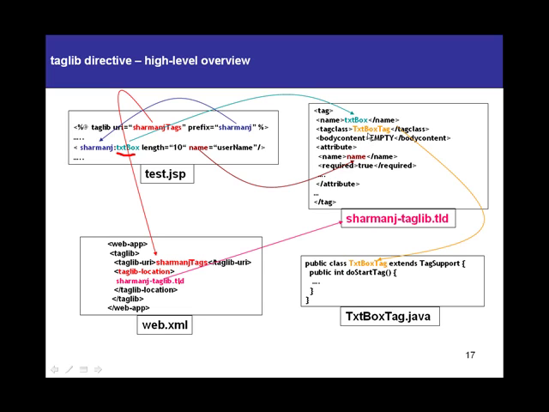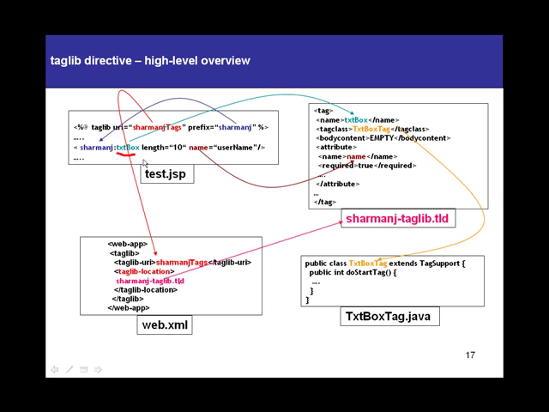Okay, and it sees that the tag class is text box tag, and it's going to find that text box tag and basically call the methods present in the textbox tag.java, where I put all my custom logic for defining the text box in my page, right?